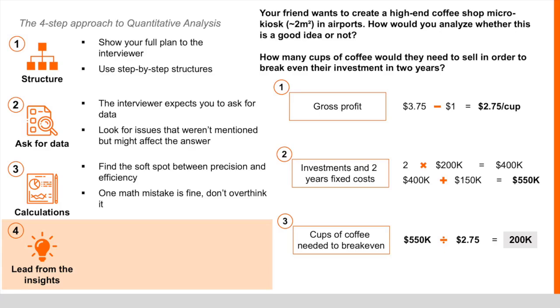And basically what you're doing in this step is telling the interviewer what that number you got to means to the case and what should be done based on it. And you're also telling them any other interesting insight that you see from everything that you did that might help get you an answer to the case question. What you're showing is that you're not the one that's going to sit and wait for guidance once you're done.